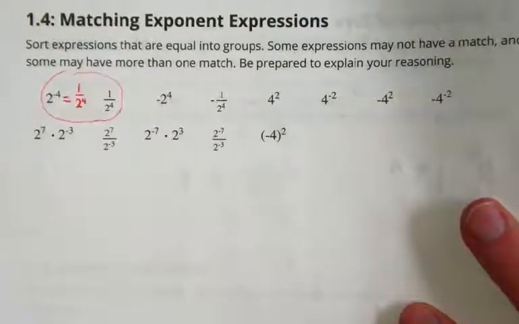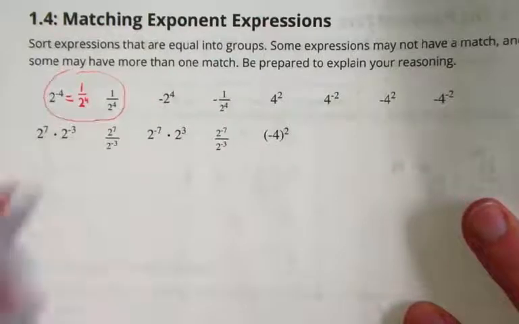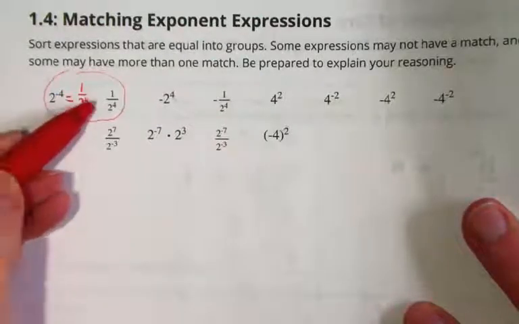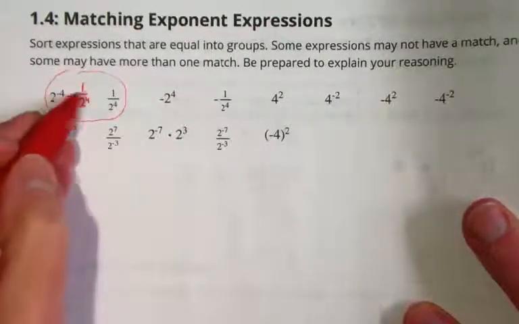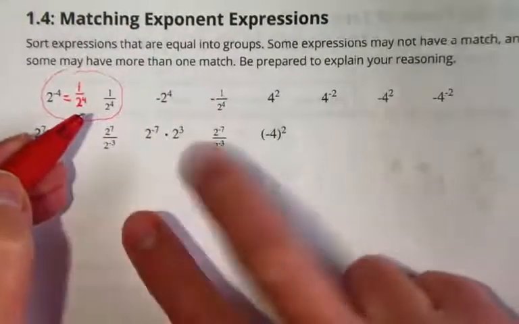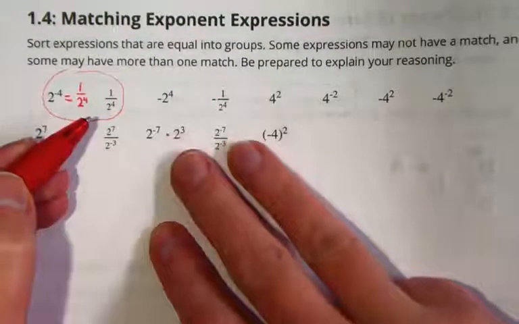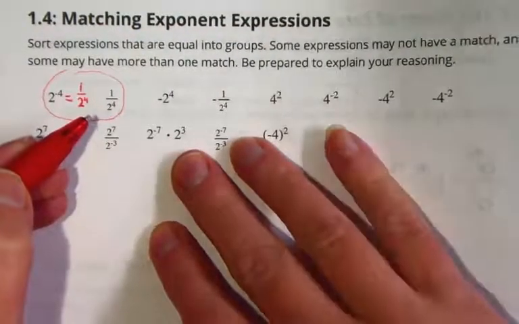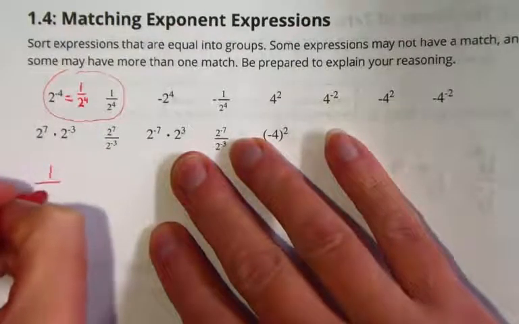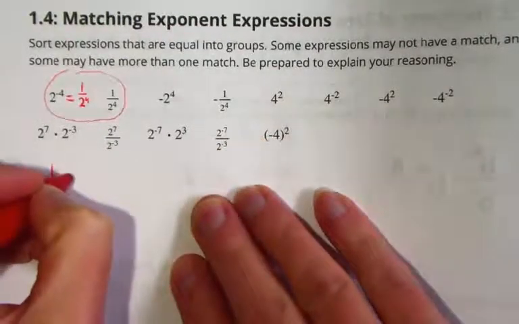Now there might be something else that also has the same value, so I'd have to be looking at other ideas. But when we have 2 to the 4th, what those would be, let's see, 2 times 2 is 4, times 2 is 8, times 2 is 16. So these items equal 1/16.